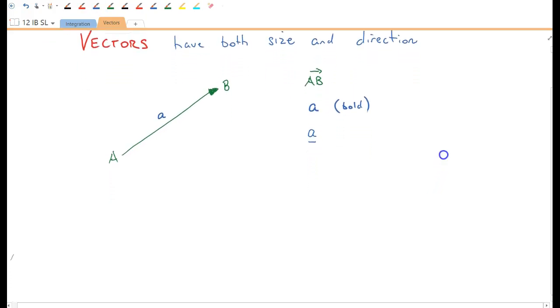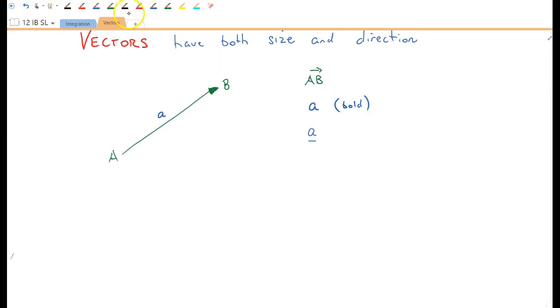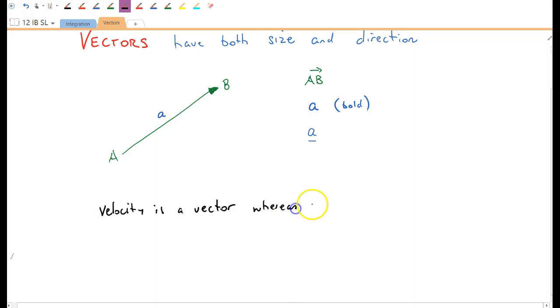A good way of looking at this with vectors is that velocity is a vector, whereas speed is not. Velocity is a vector because velocity has direction, whereas speed is unidirectional. We are not interested in direction with speed.